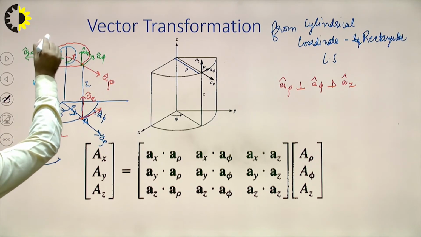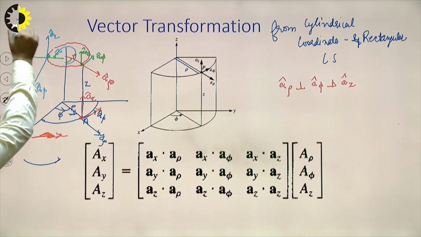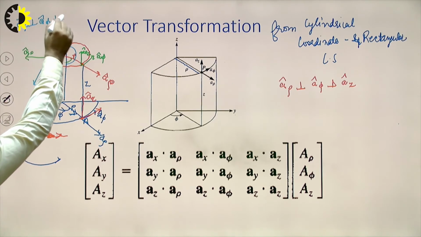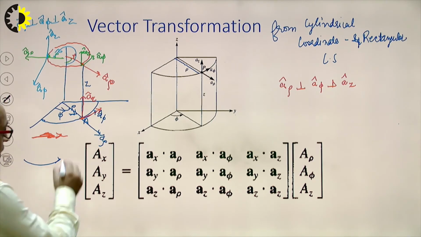So in this case also a cap rho is perpendicular to a cap phi, which is perpendicular to a cap z. Clear?